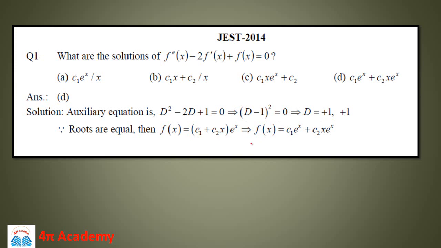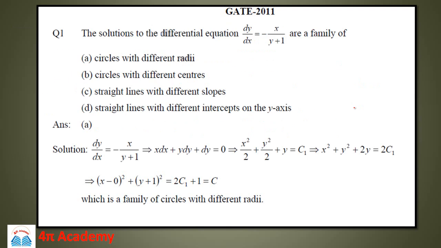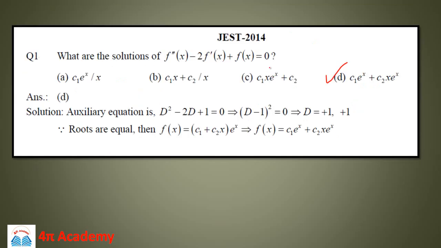So the answer is c1 into e raised to power x plus c2 into x into e raised to power x, and hence the answer is D. This is a very simple problem. It is only about finding the complementary function, because on the right hand side the term is 0.